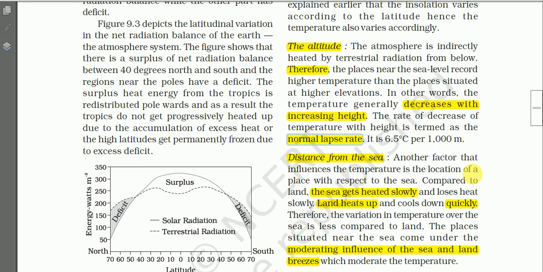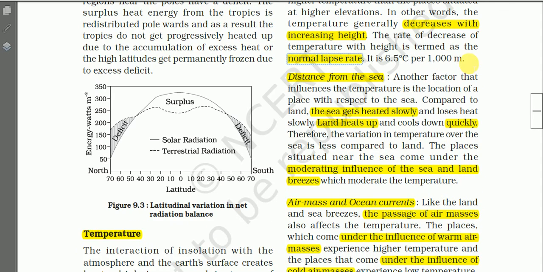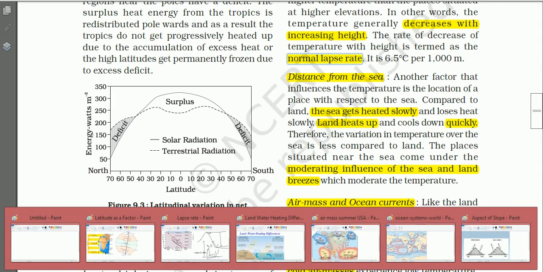The rate of decrease of temperature with increasing height is known as the normal lapse rate. So it is 6.5 degrees Celsius per 1000 meters, or 1 degree Celsius per 165 meters of ascent. Any question from your side? No, sir.